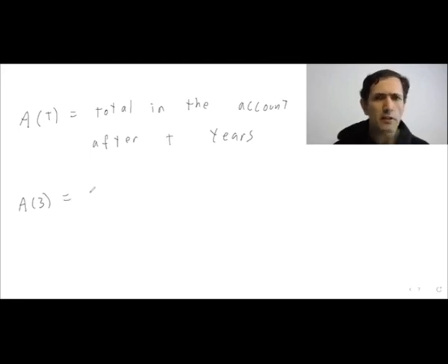I'll just do it a little quicker. I'll just plug in. Here, my initial deposit is 500, all right? So I want to see what 500 grows to from 0 to 3, the force of interest.